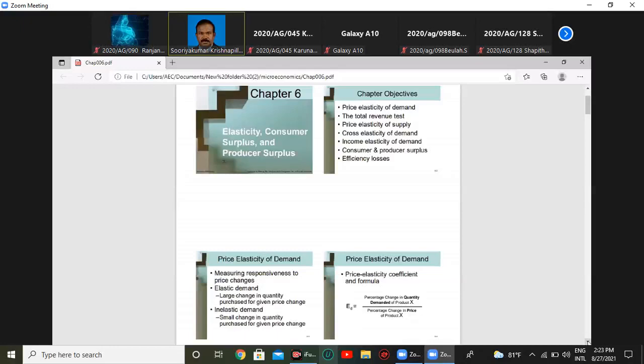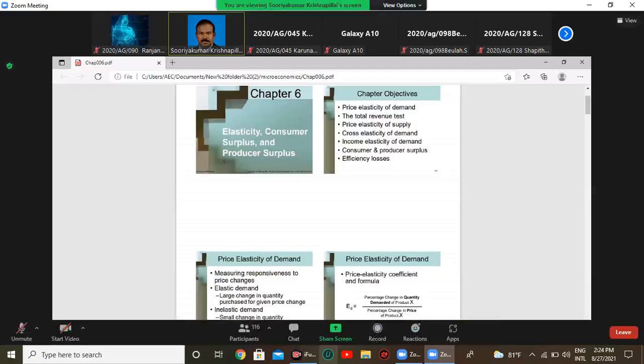The price decrease is 20%, and the quantity increase is 100%. So 100 divided by 20, the elasticity is 5.